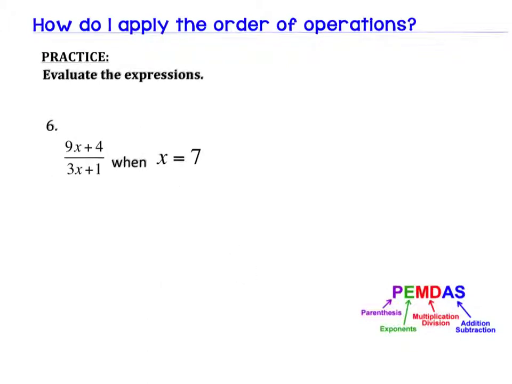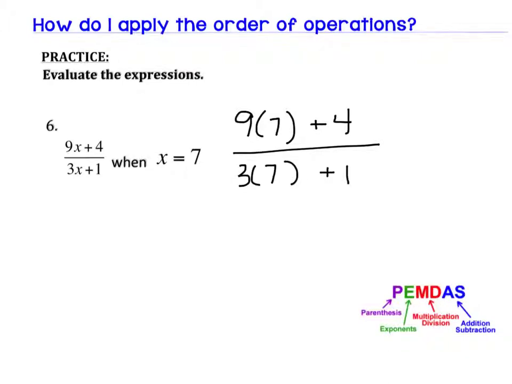All right, so we've got 9x plus 4 all over 3x plus 1 when x is equal to 7. Let's go ahead and we're going to plug in the 7 wherever we see x. So I've got 9 times 7 plus 4 all over 3 times 7 plus 1. And again, like the previous problem, when you've got it as a fraction, evaluate everything on the top before doing everything on the bottom, or do them separately. So I've got 9 times 7. We want to start there because multiplication comes before addition and subtraction.